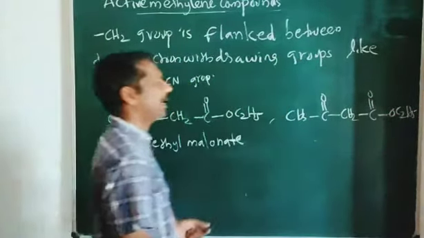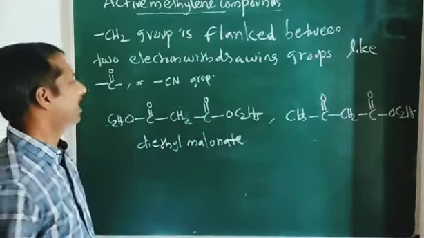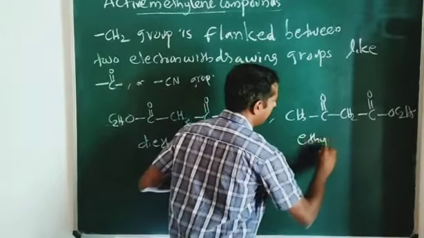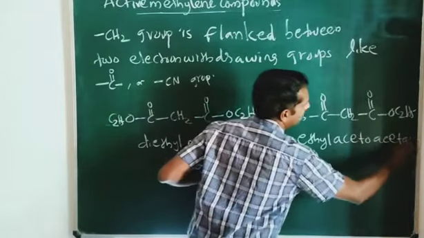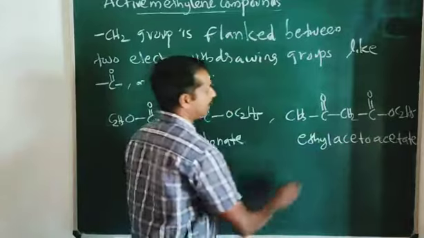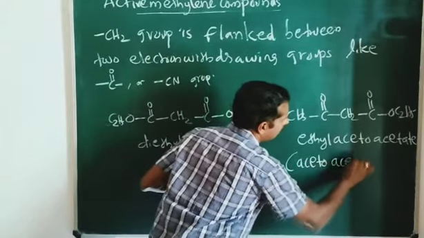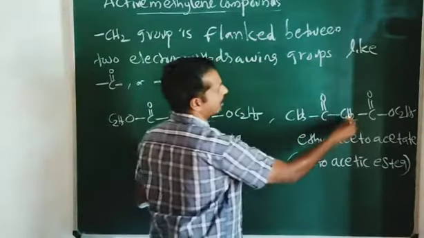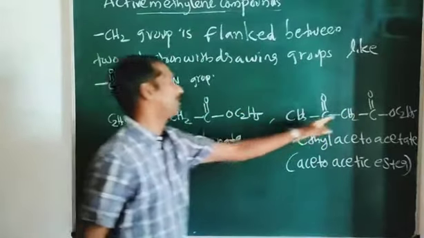This is ethyl acetoacetate, or acetoacetic ester. Here also you can see that this CH2 group is flanked between two CO groups, in ethyl acetoacetate.